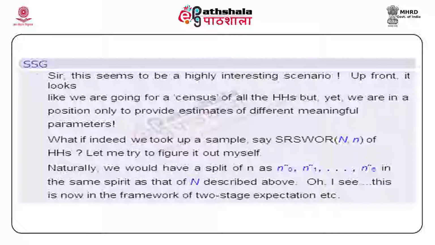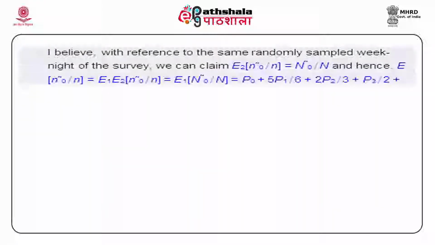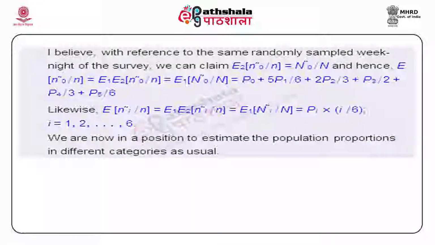Oh, I see, this is now in the framework of two-stage expectation, etc. I believe with reference to the same randomly sampled weeknight of the survey, we can claim expectation. You are conversant with the E1, E2, V1, V2 operators. This is the operator coming in two-stage sampling.